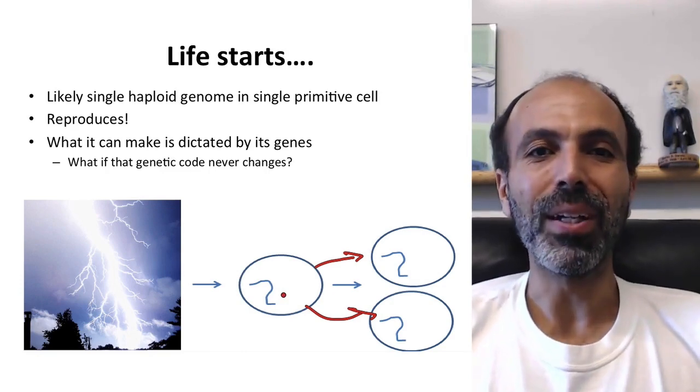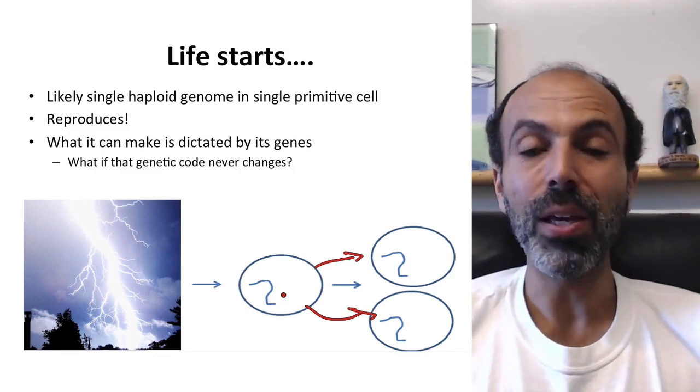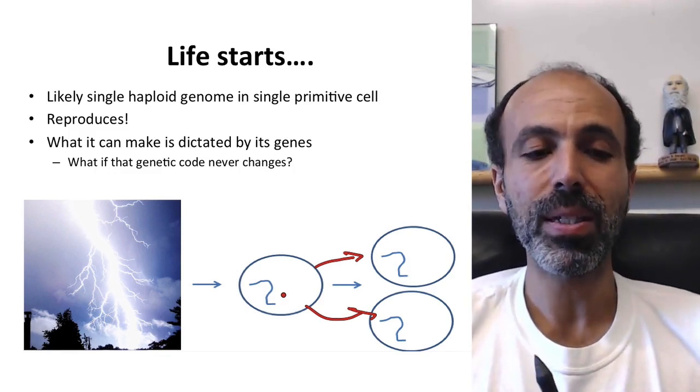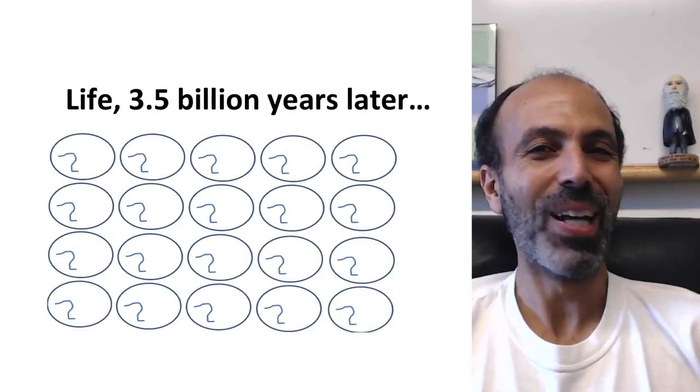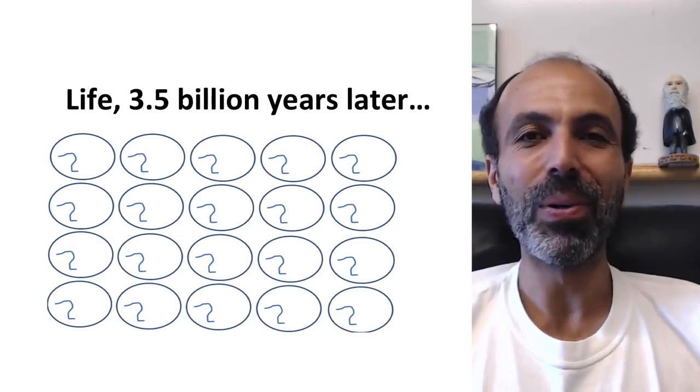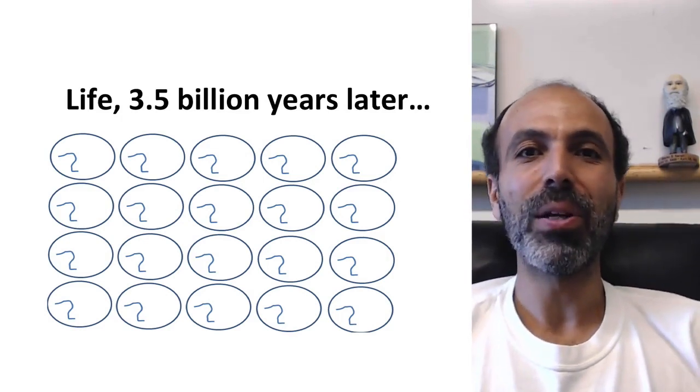What would life look like on the planet today? Well, if it never changed and if its genetic code is dictating what it can make, basically life would look like this today. There'd be a lot of copies of that simple haploid genome in cells all around the planet. That's obviously not what we see today.